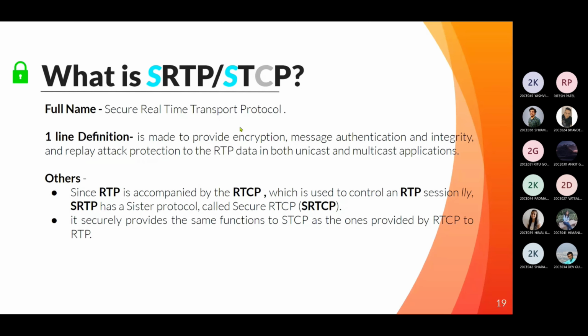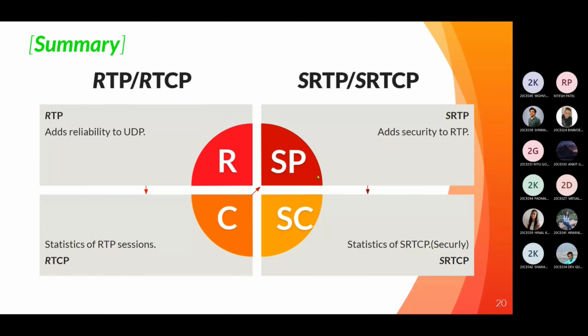So, overall summary of this presentation before we move to the practical. RTP adds reliability to UDP. We made a modification to UDP, and we have RTP. Then we want information about packet loss, so we have RTCP, which is going to control and give statistics about RTP sessions.